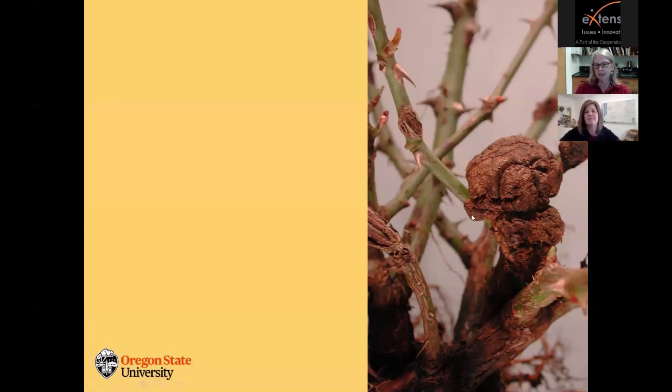Now, the thing about crown gall is that sometimes it is systemic in plants, but it's not uniformly distributed throughout plants in which it is systemic. So, for example, this rose, there was obviously some sort of wound here. And so the bacteria could be anywhere along this stem, or they might be elsewhere in these stems, but we don't know where because they're not uniformly distributed.